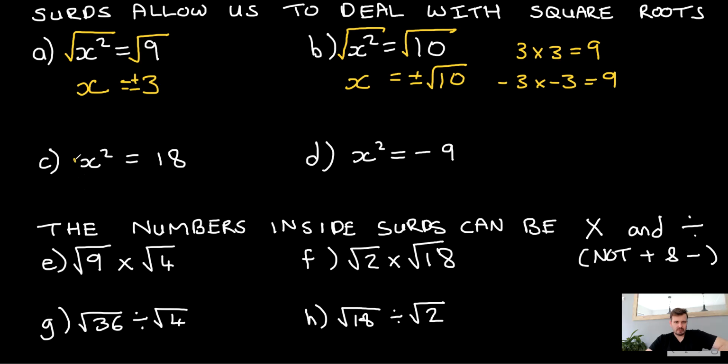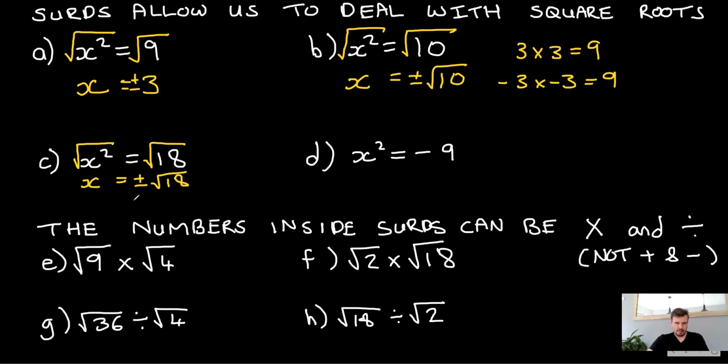With this one, it's going to be slightly different because we do have an x equals, so we square root the square to get rid of the square. And we say plus or minus root 18. But now what you'll notice is, if you square root 18 in your calculator, it'll give you a different answer. It'll give you 3 root 2. Why?